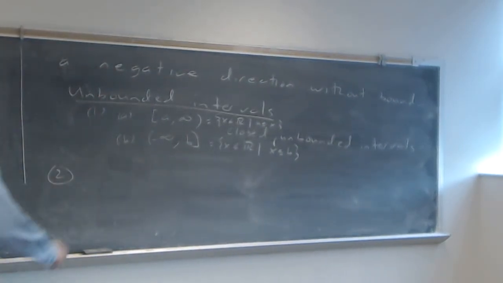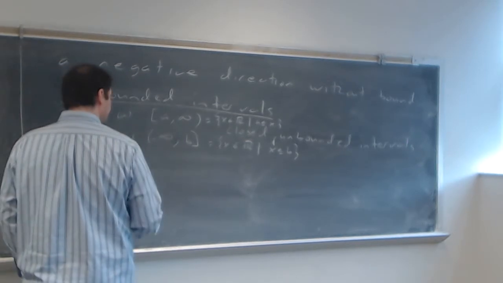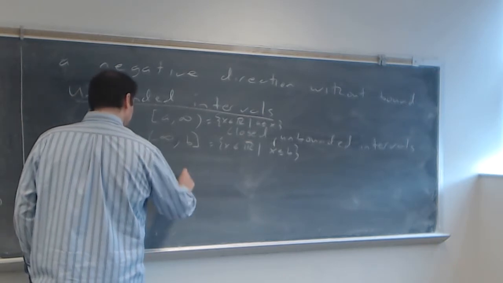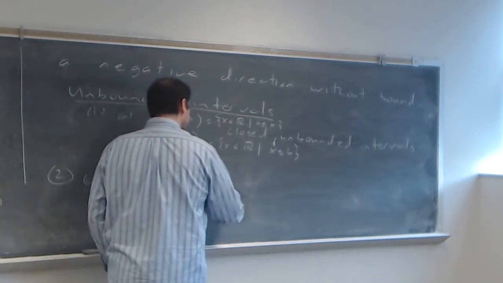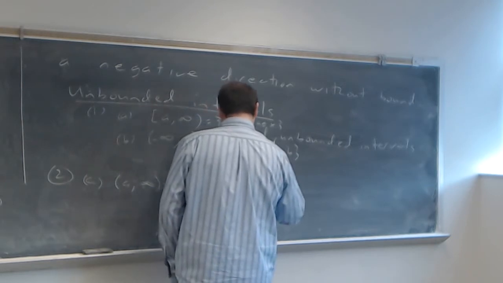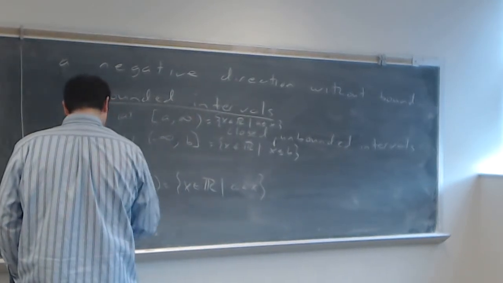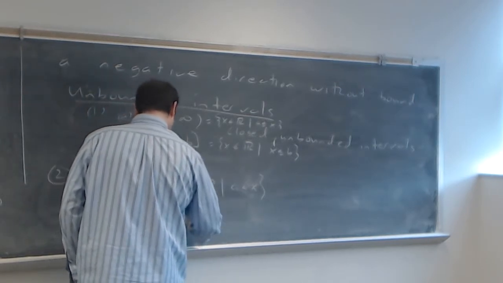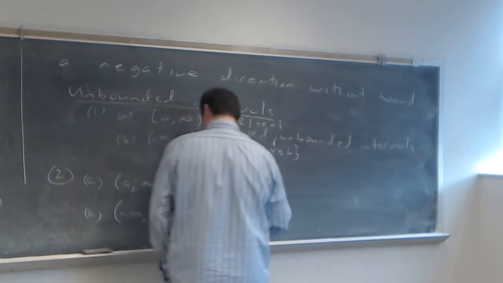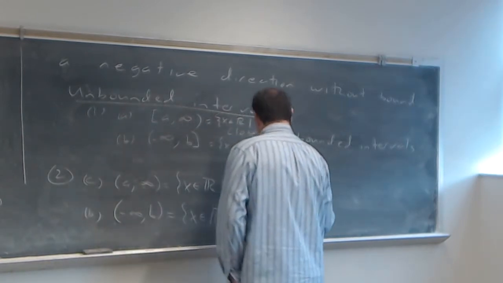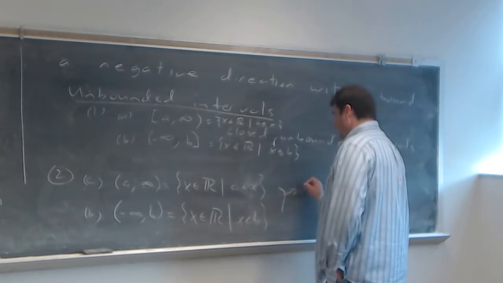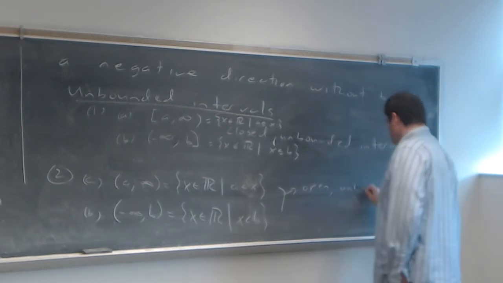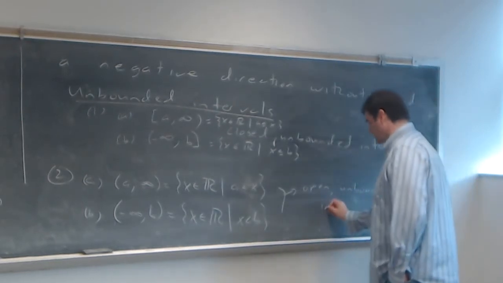The next two types I'm going to look at are open unbounded. So we could have A to infinity, which of course looks like all the x's in R, such that A is less than x. And B, we could have from minus infinity up to B, with parentheses about both, which equals the set of all x's in R, such that x is less than B. And these guys are open, unbounded intervals.